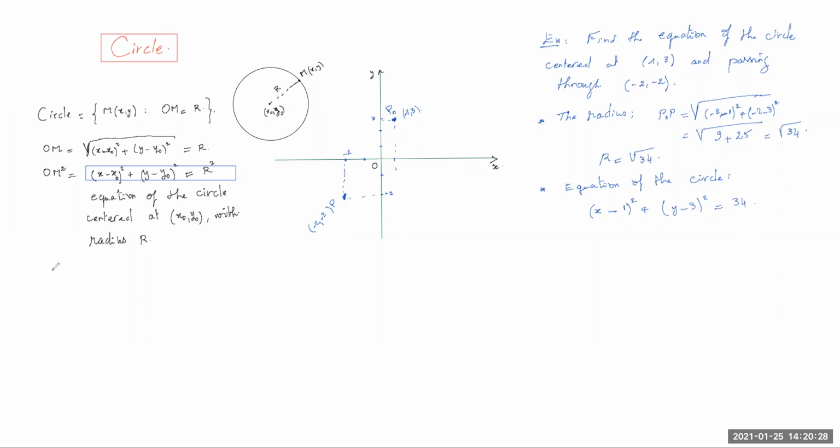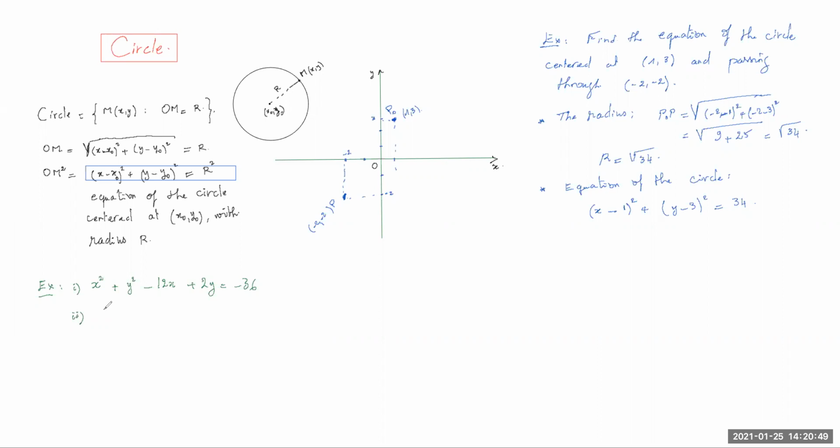Now, let's explore the inverse operation. Suppose that I'm given equations of circles. So I'm given the following ones. We have x² + y² - 12x + 2y = -36.